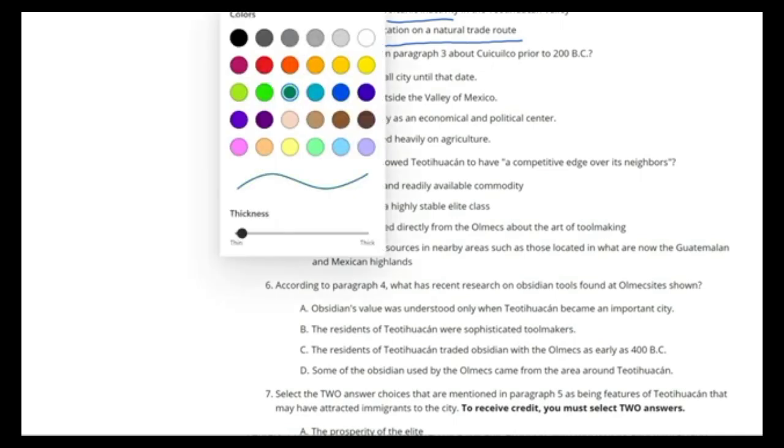Let's go back to question number 4. Question number 4 says, what can be inferred from paragraph 3 about Quiquilco prior to 200 BC? This is an inference question, and this is pretty obvious here because it uses the verb infer, okay? What is an inference question?